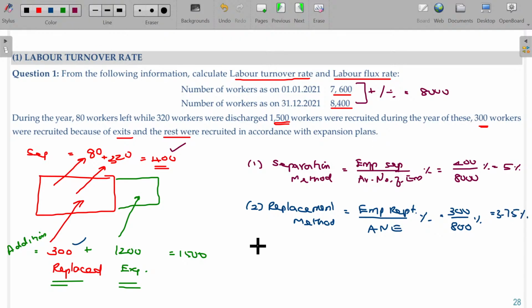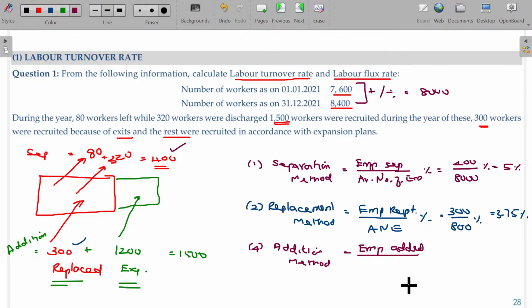And the next one being additions method. This method is very rare, but anyhow you can understand. Addition method is nothing but number of employees added. Employees added means you have to add what? Replaced as well as expansion.